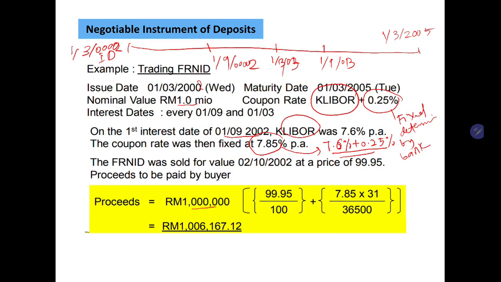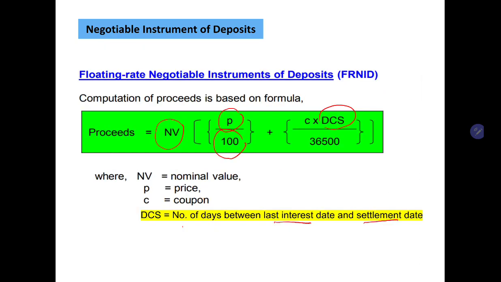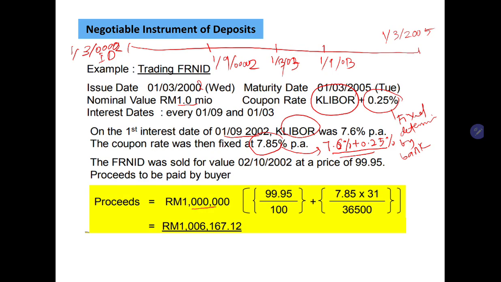The price is 99 ringgit 95 cent divided by 100, plus 7.85%, which is the CLIBOR rate plus the rate determined by the bank, times 31. 31 means the number of days between the last interest date and the settlement date.